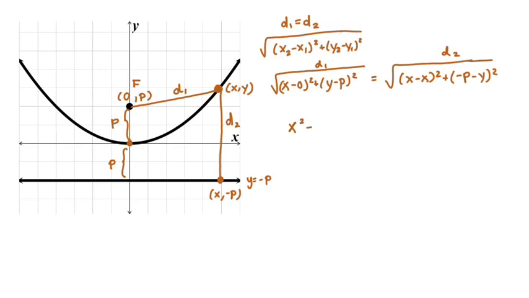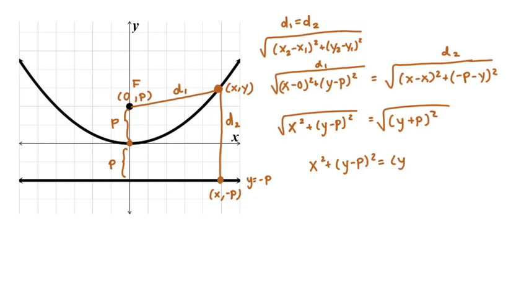We've got the square root of x squared plus (y minus p) squared, equal to the square root of (x minus x is 0), and I can factor a negative out of all of that. That becomes (y plus p) squared. And then what are we going to do? Let's square both sides. If I square both sides of this equation, I've got x squared plus (y minus p) squared equals (y plus p) squared.